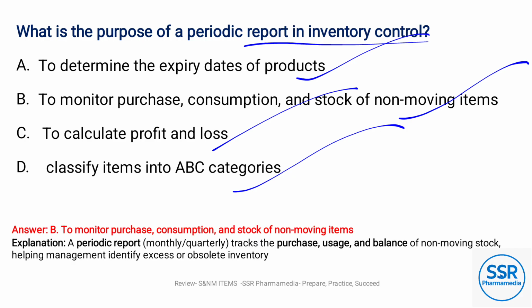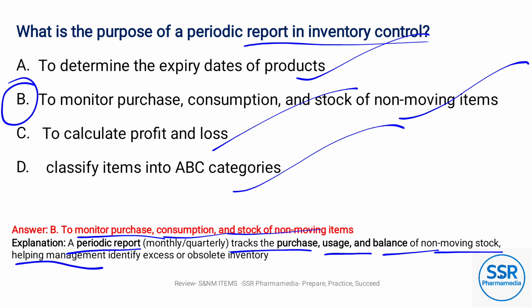So, the answer is option B, to monitor purchase, consumption and stock of non-moving items. So, a periodic report, monthly or quarterly, tracks the purchase, usage and balance of non-moving stock, helping management identify excess or obsolete inventory.